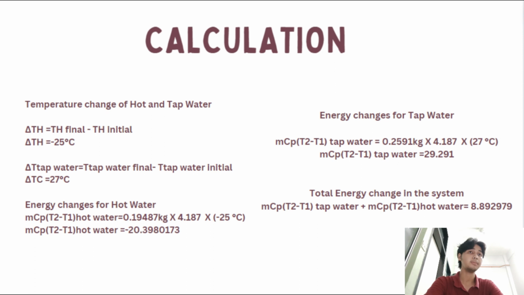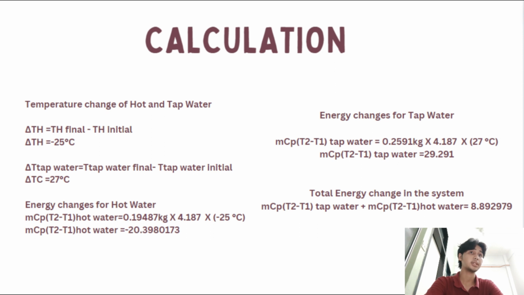Next we calculate the energy changes for tap water. The formula is the same: mass times specific heat capacity times difference in temperature of tap water.